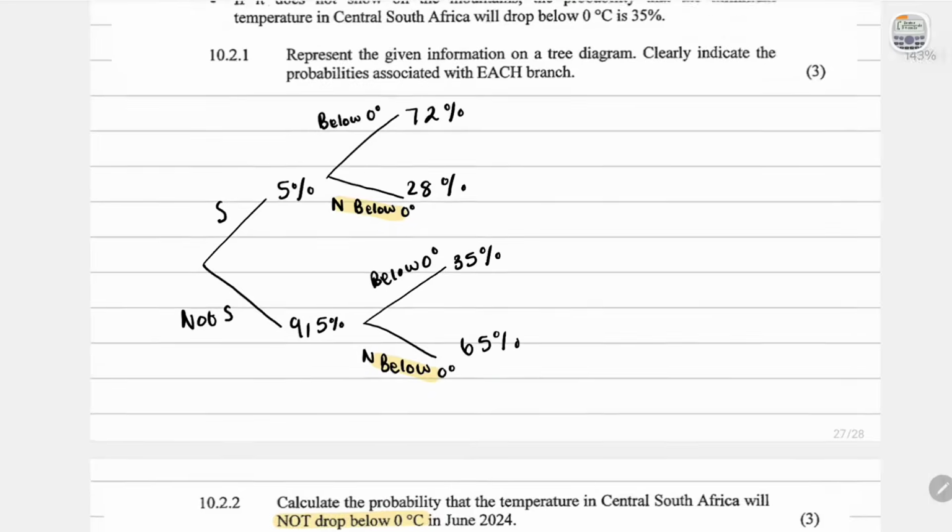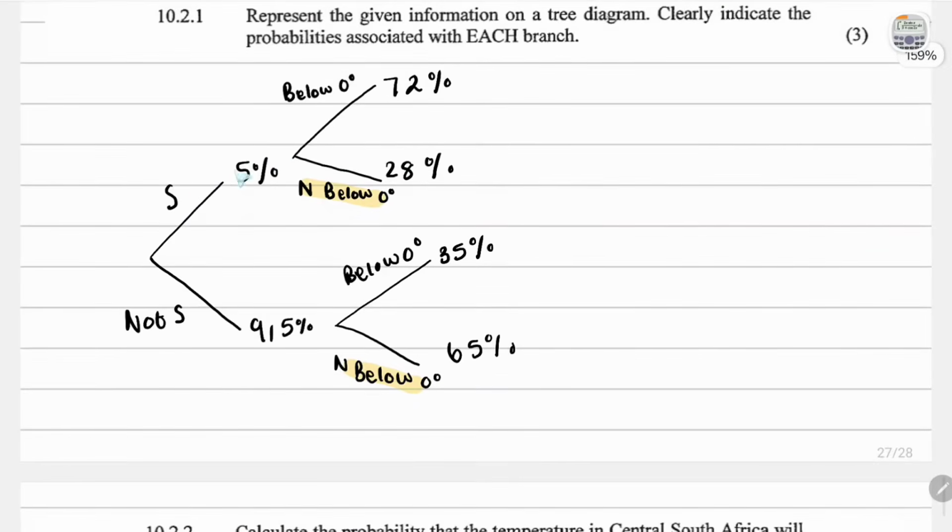This has a lot to do with the outcomes. When you're looking at the outcomes of everything, you're going to look at them across their branches. So we'll have a situation like this, where the probability that it snows is 5%. And then given that it snows, the probability that the temperature will drop below 0 is 72%.